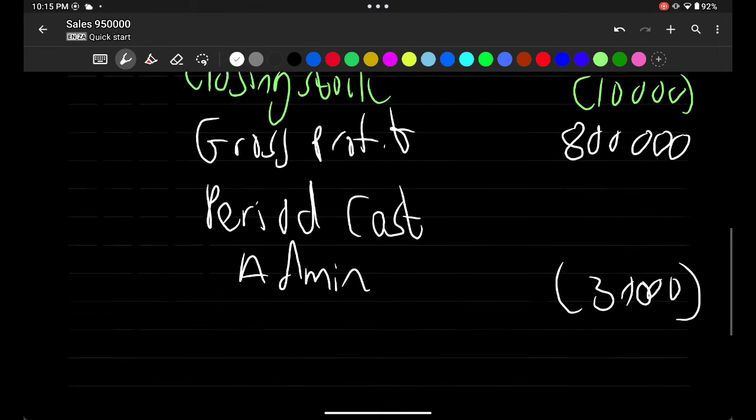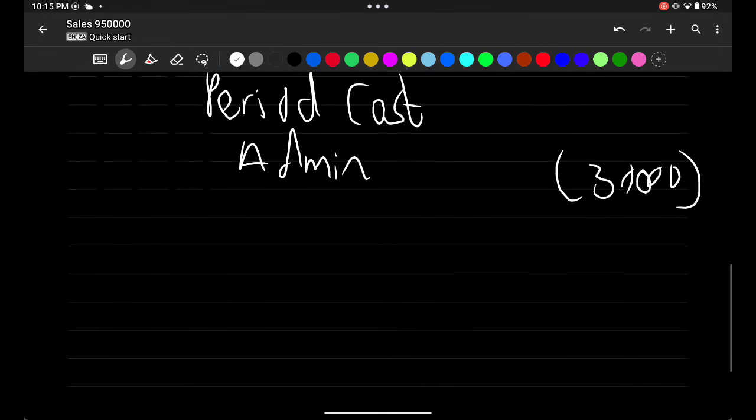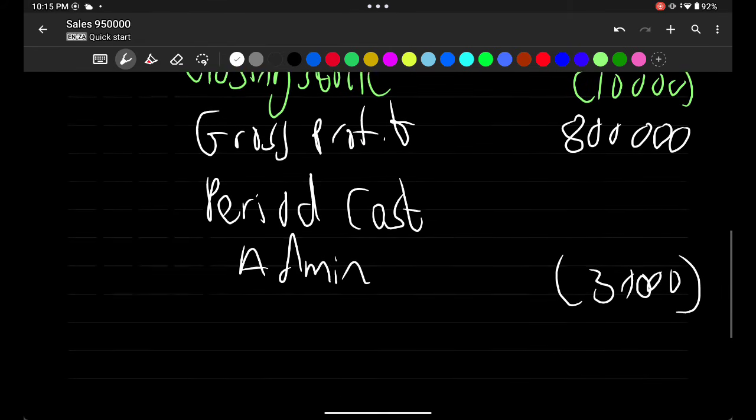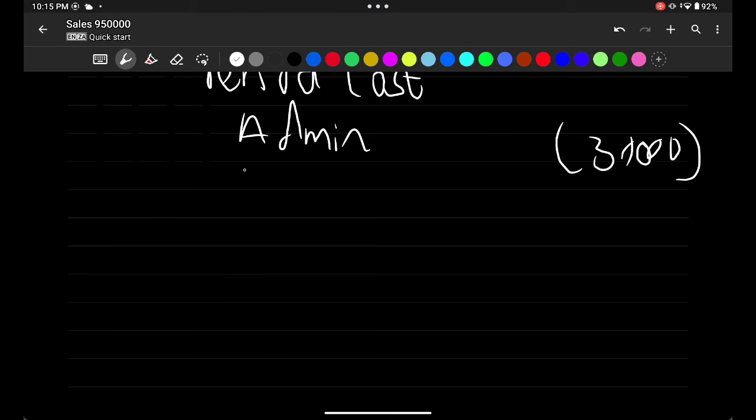Gross profit minus this will give you either a net profit or operating profit. Both of those are sometimes the same when you deal with manufacturing, but net profit means it's the profit after tax, right? In this case there was no tax, so it's operating profit. Or you can write net profit. You'll see them sometimes writing net profit.